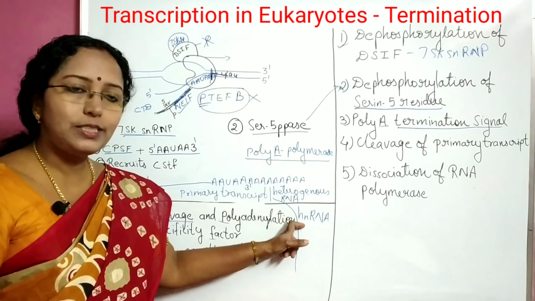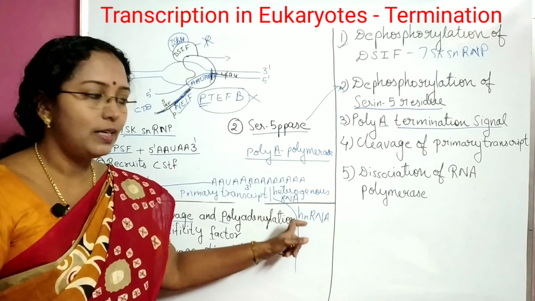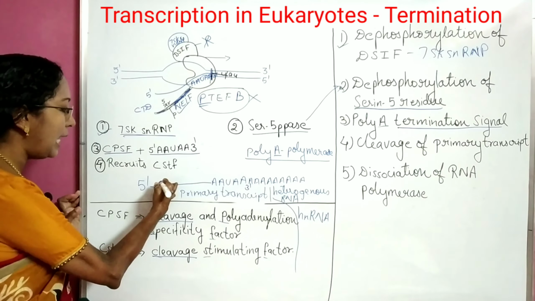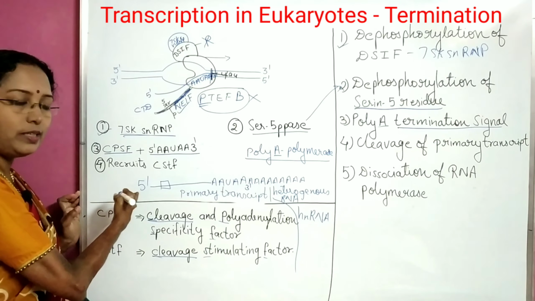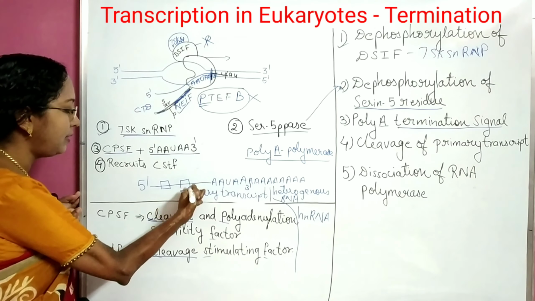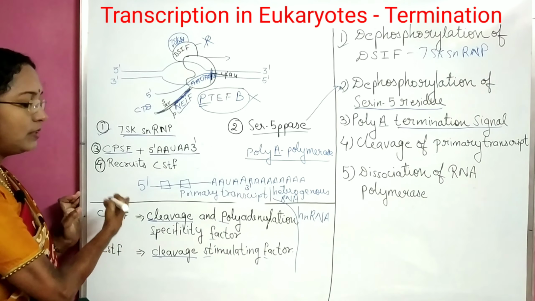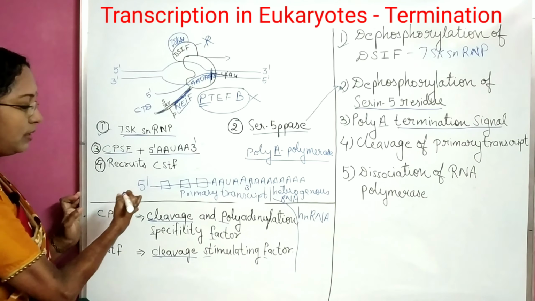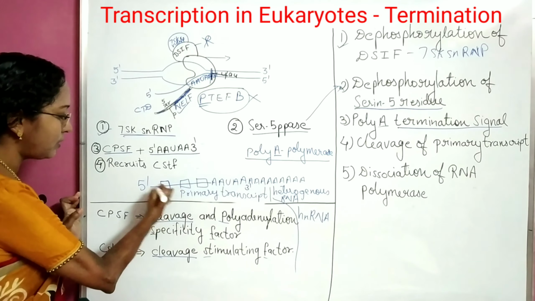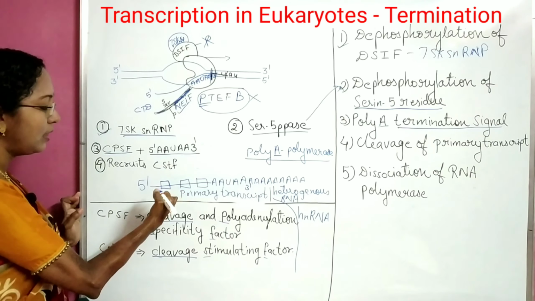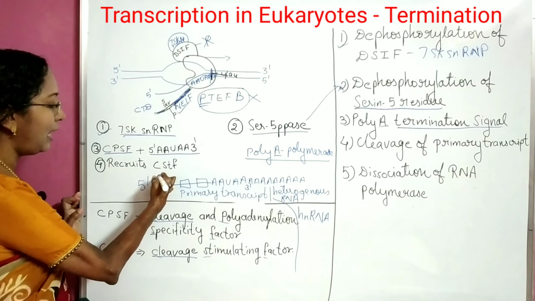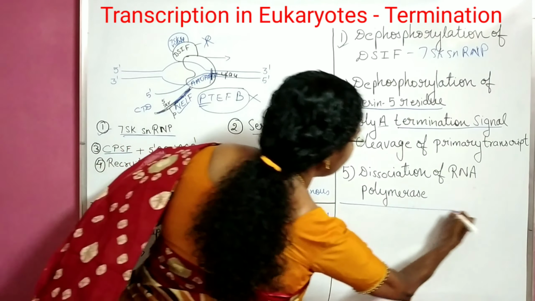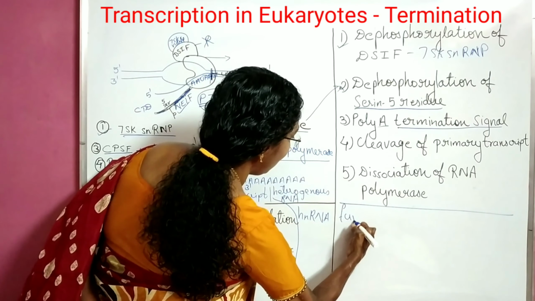And why is it called hnRNA or heterogeneous RNA? Because this primary transcript that we got is having regions which are functional and some other regions which are non-functional. So the areas which I have drawn with blocks like this are functional regions, which we call the exons. Functional regions are called exons.